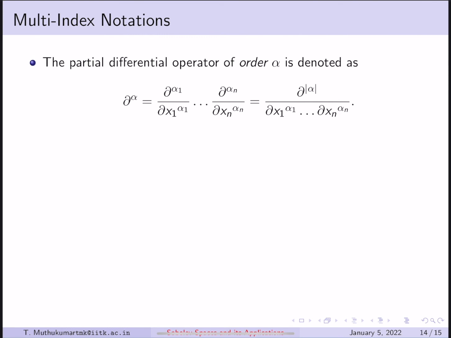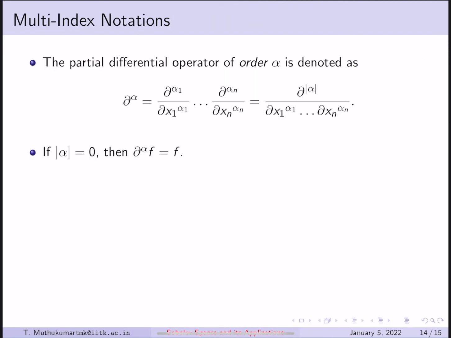So the alpha order partial derivative is given as, since alpha is a tuple alpha1, alpha2, up to alphan: the alpha1 derivative in x1, the alpha2 derivative in x2, and so on. This is written in this form, with mod alpha where you have summed them. That is the notation you use for the partial differential operator of order alpha.